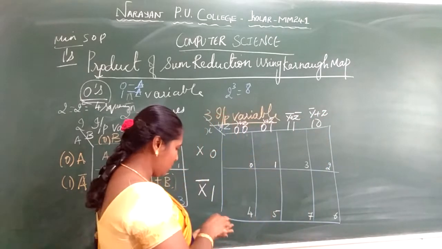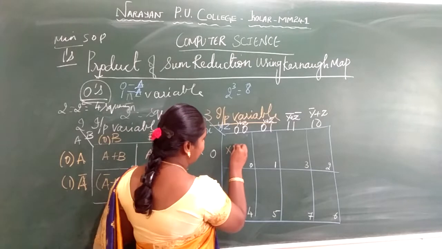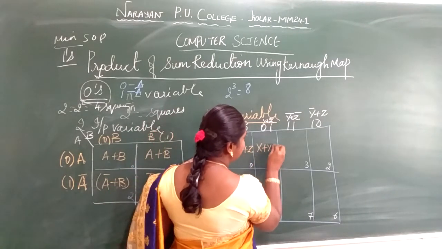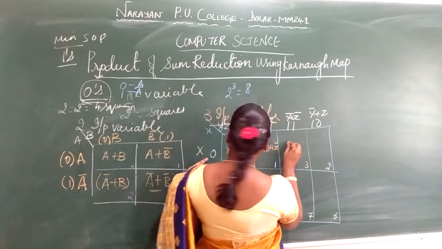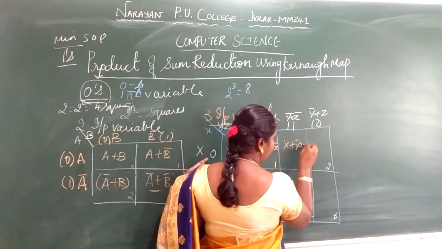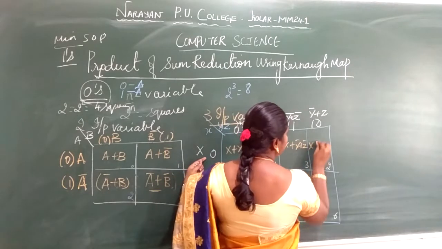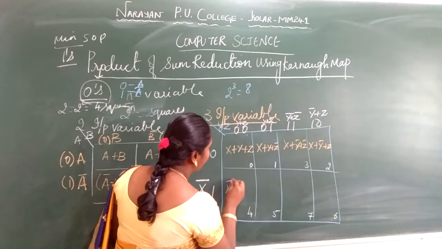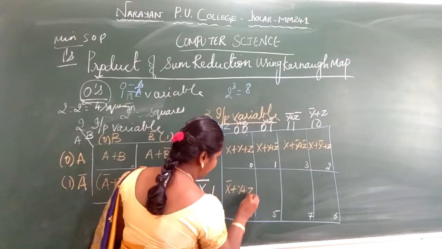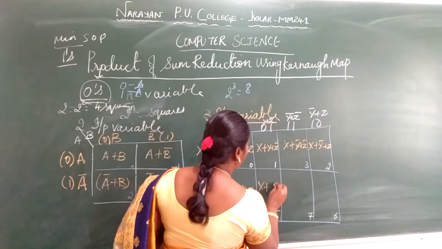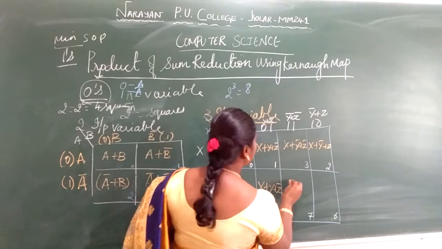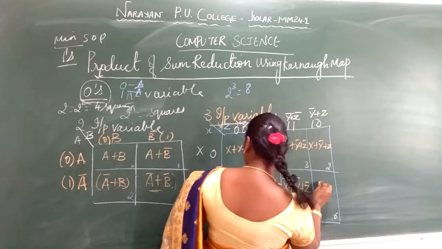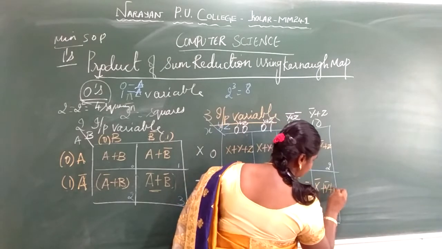So you have to write the combinations: x plus y plus z, x plus y plus z bar, x plus y bar plus z bar, x plus y bar plus z, x bar plus y bar plus z, x bar plus y bar plus z bar, and x bar plus y bar plus z.